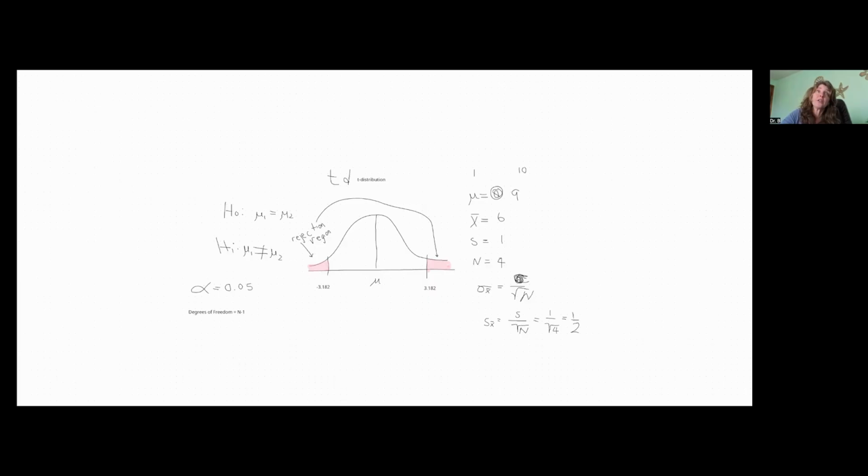You're going to reject the null and accept the alternative. If it's below negative 3.182 and it's falling there, it's falling in the rejection region, you're rejecting the null and accepting the alternative.